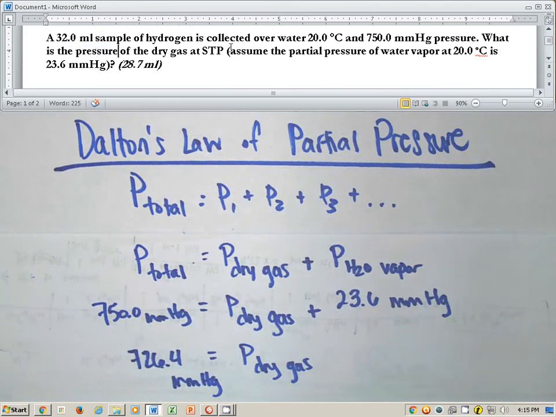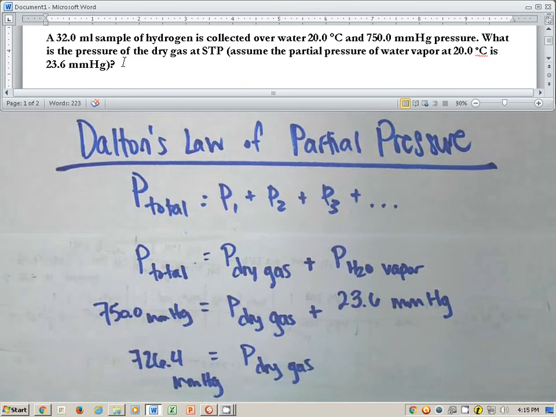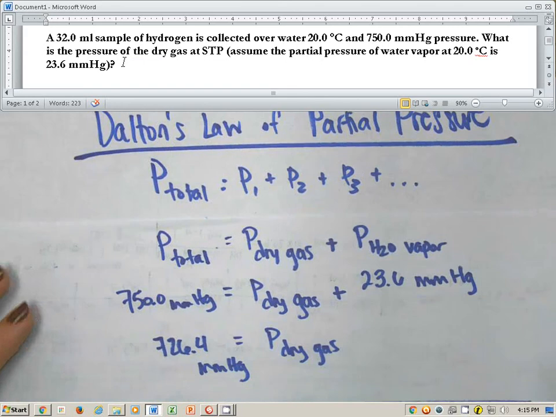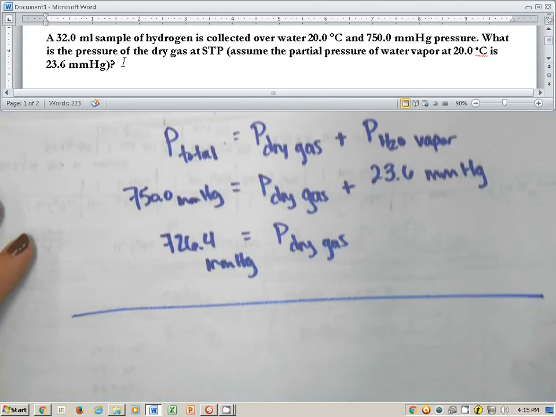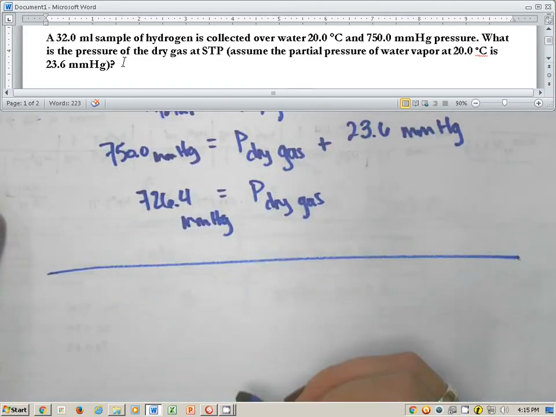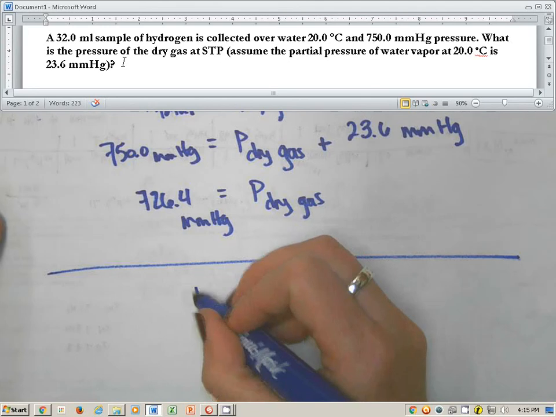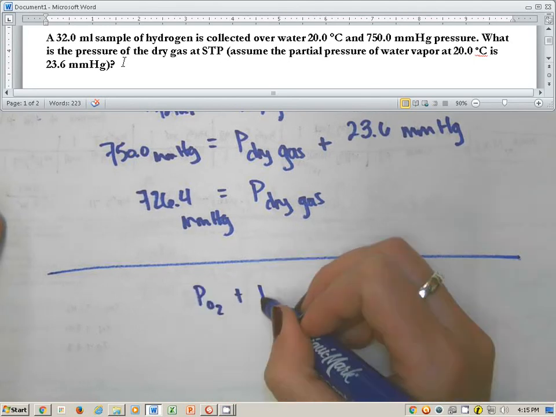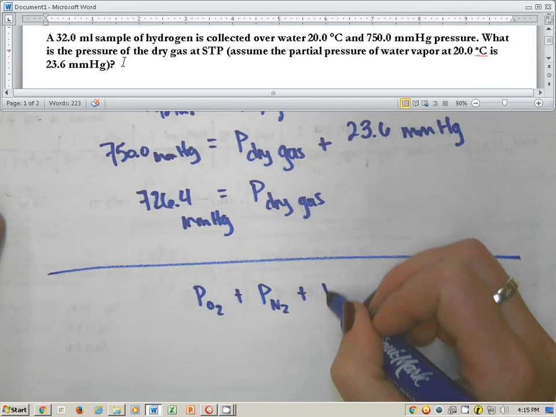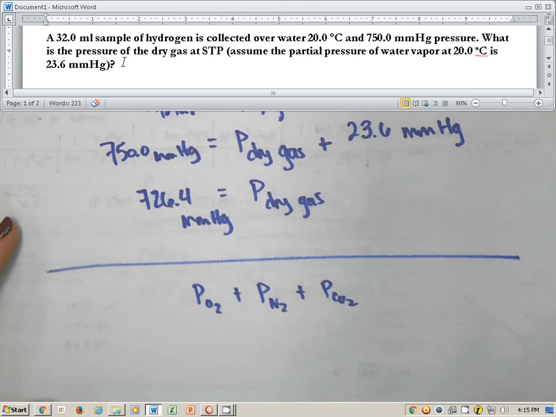Alright, another way that this could work is, if I make up another sample problem, they could simply give me some numbers. They could tell me that I have oxygen, and I have nitrogen, and I have carbon dioxide, all mixed together in a container. What is the total pressure?